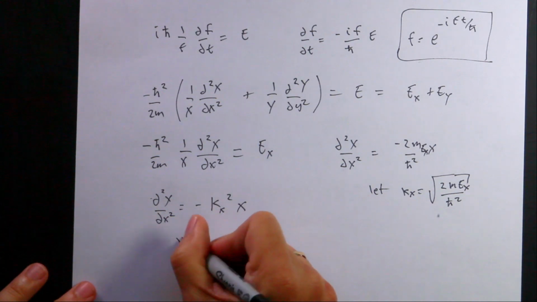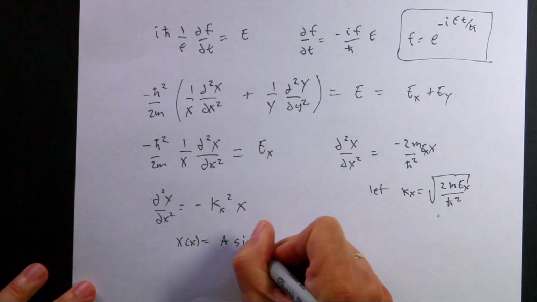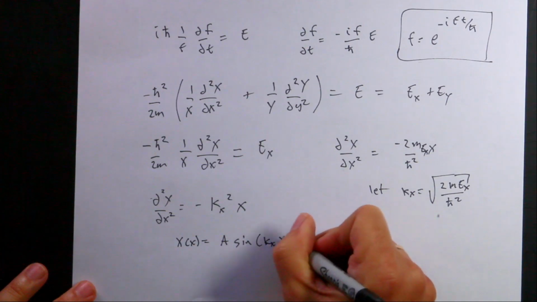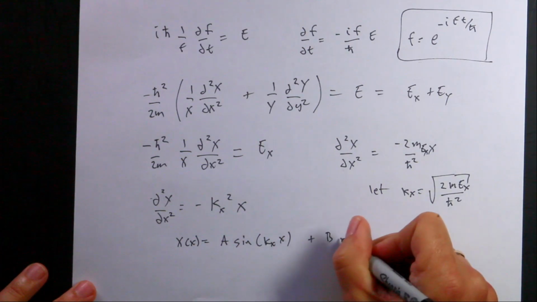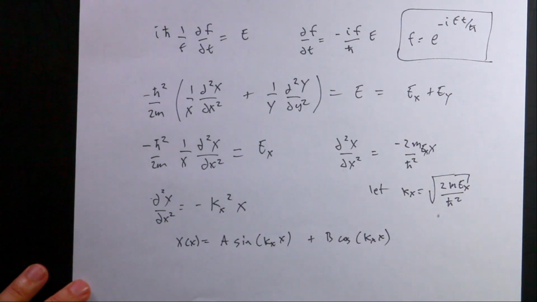So if I say X of x is equal to a sine kx x plus b cosine kx x, that's the solution. If I take the derivative, the derivative of the sine is cosine, but I get a kx in front of it. The derivative of this is negative sine, and I get a kx. And then I go backwards to get another kx, so it does indeed work.